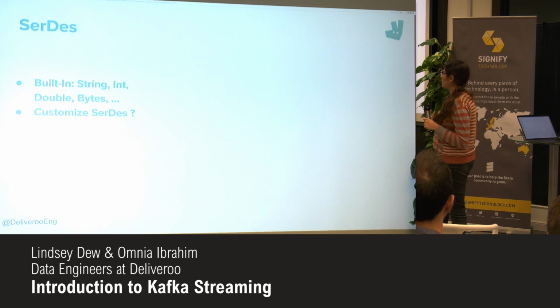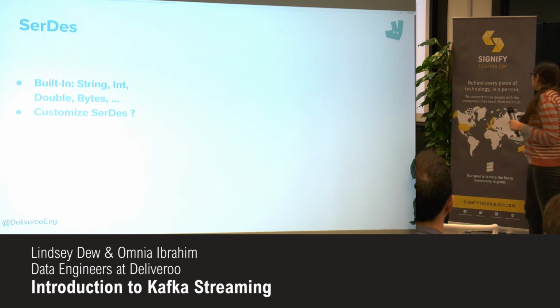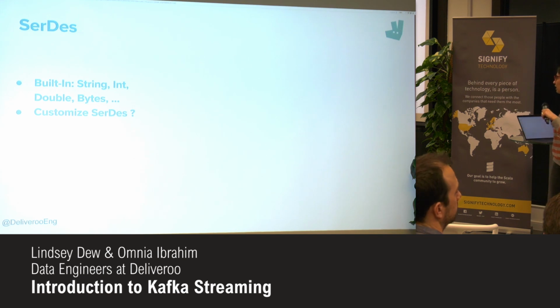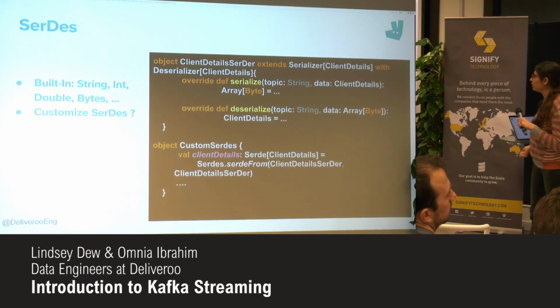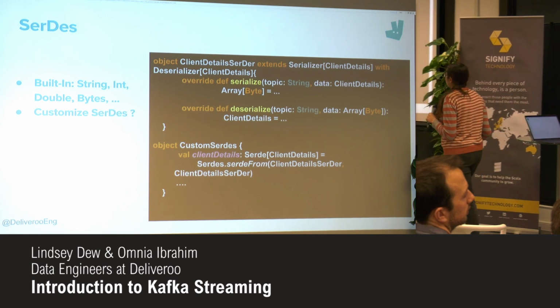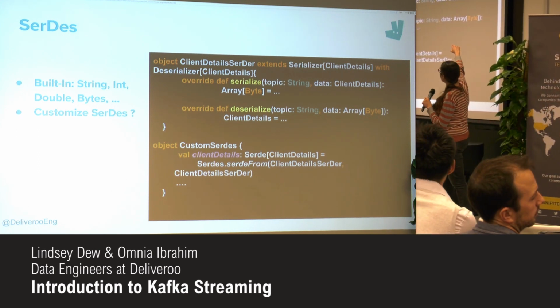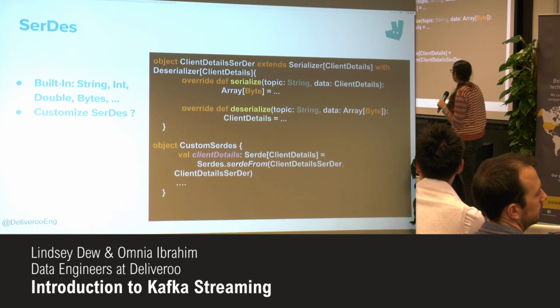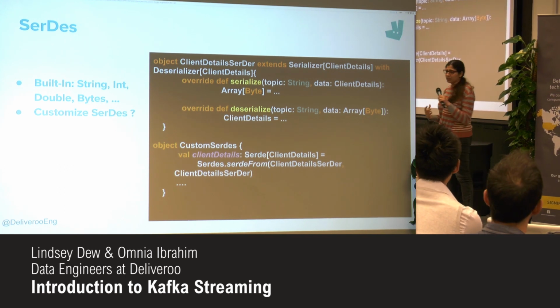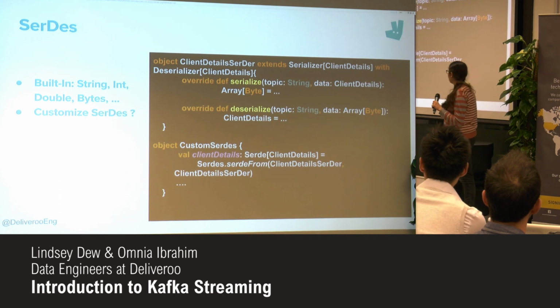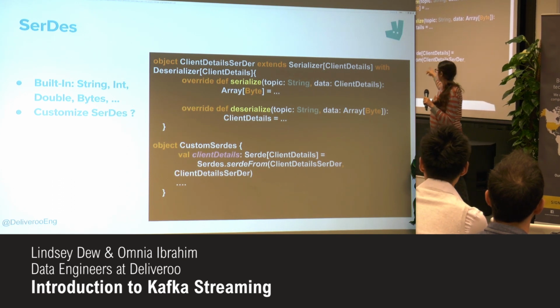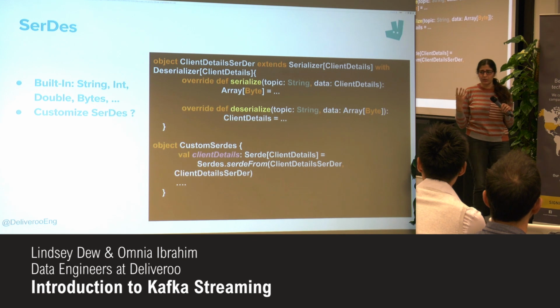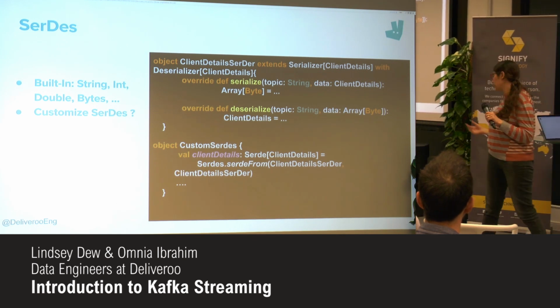But if you want to customize your own serialization, you will need to override the serialization and deserialization interface. At the end, you create the serde itself from a serializer and deserializer, and this will give you a serde you can use later for the group by key.